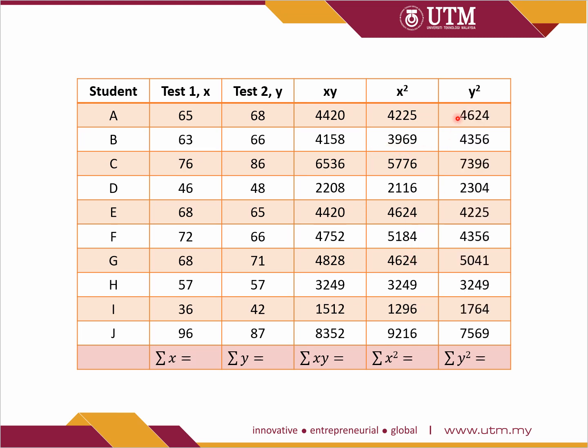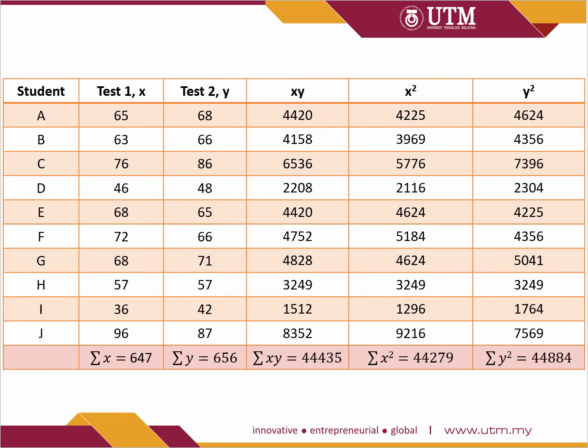And then we find the value of y square, which is obtained from 68 square. Next, we find the summation of these, where the summation of x is the total of 10 students from test 1, and then the summation of y is given as this, and so on.